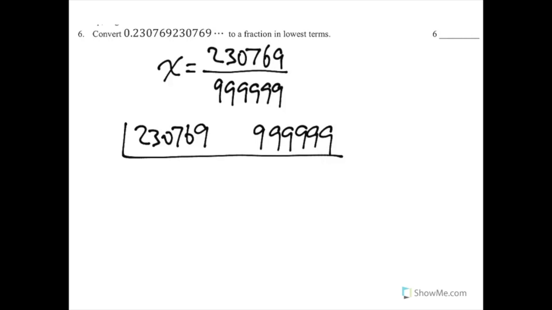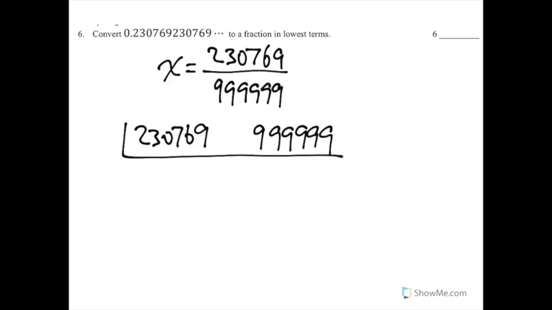Now, a good one to try first is obviously 9, because the number on the right is obviously divisible by 9. So the divisibility rule for 9 is we add all of the digits together, and if the number itself is divisible by 9, then the sum of the digits is also divisible by 9. And the other way around works as well.